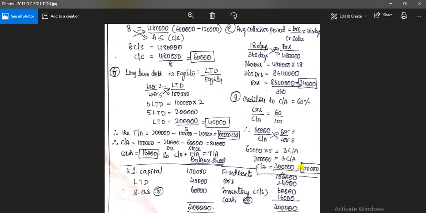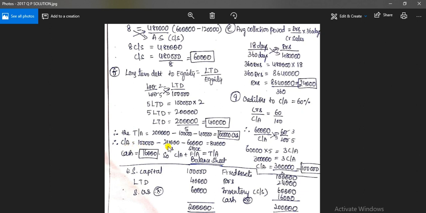No information about fixed assets is given in the problem, so we have to assume. Total assets of 2 lakh are given, minus 1 lakh as equity share capital, minus 40,000 as long-term debt, so the remaining 60,000 is creditors. Even for current assets I am specifying: 1 lakh is the total current assets we have found out.